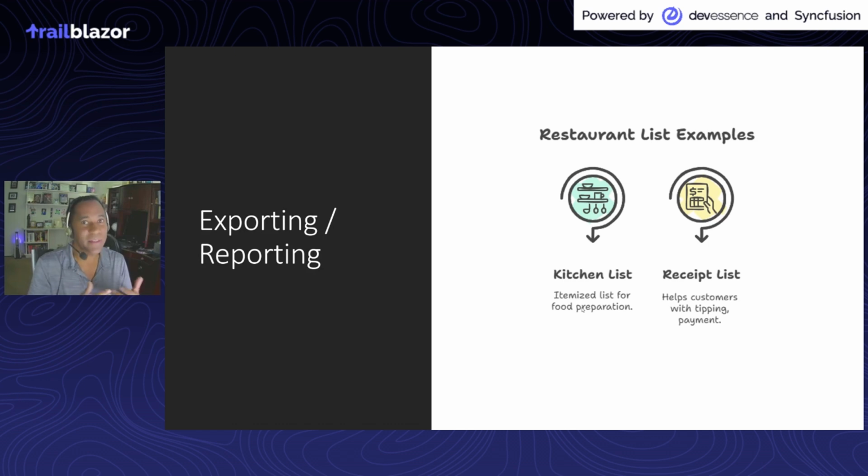The meal is over, it's time to pay. They give you a receipt. That's what I consider an executive level report, because it explains very important things. This is what you ordered. This is the tax. This is all the other things, so that the person can then make a decision. Do I agree with this and I'm going to pay, or how much am I going to tip? So that's an example of a report.